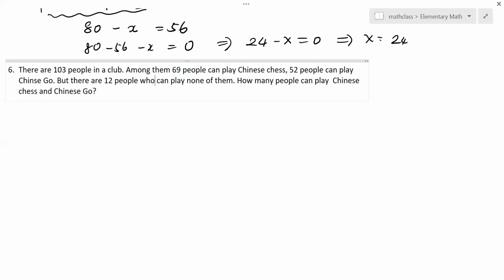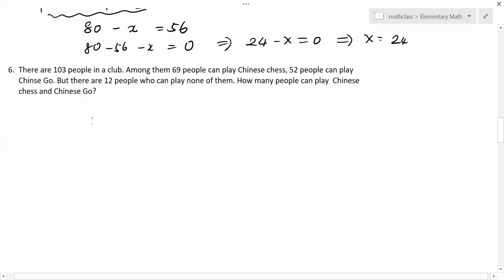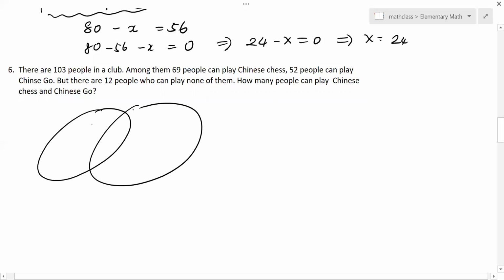Okay, so let's draw the picture, still the same picture. 69 people can play Chinese chess, 52 people can play Go, and there are 12 people who can play none of them, which is outside.